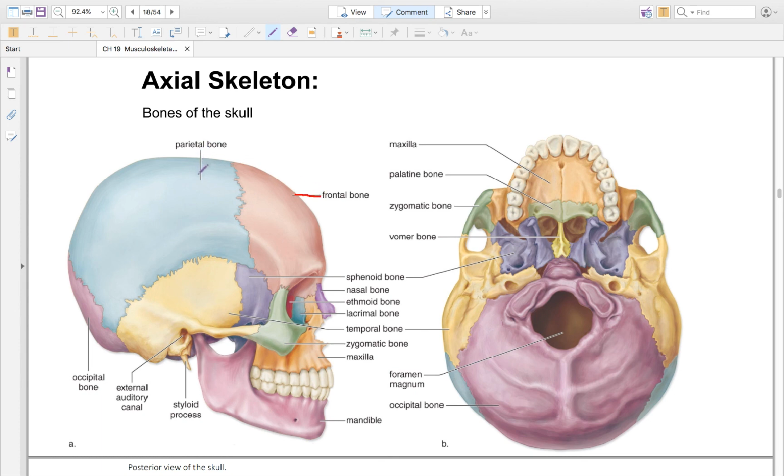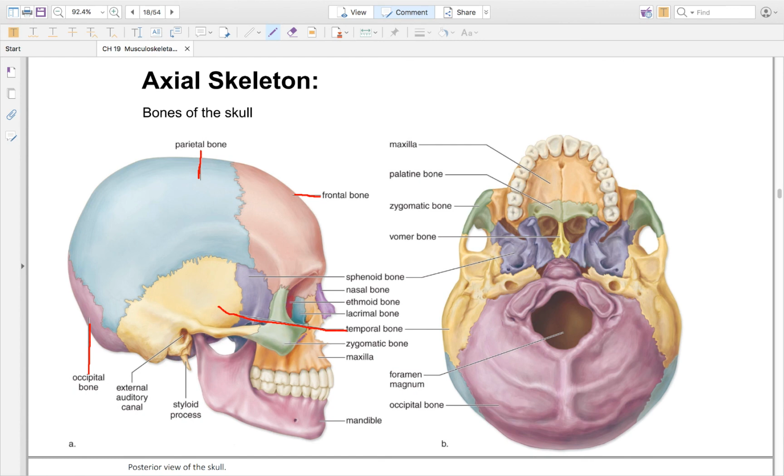Same thing here. We have the parietal bone. We have a right and left parietal bone. Back here we have the occipital bone. And then we have the temporal bone. Temporal. All right. Okay, we can just go ahead and continue with this particular image.